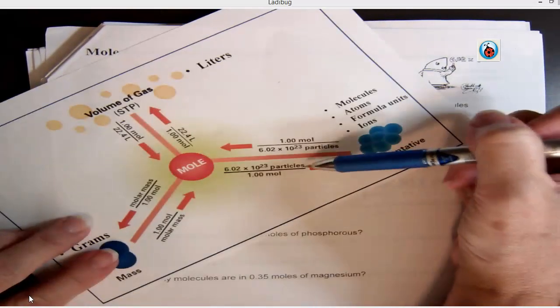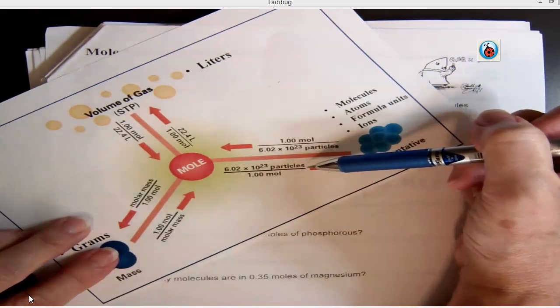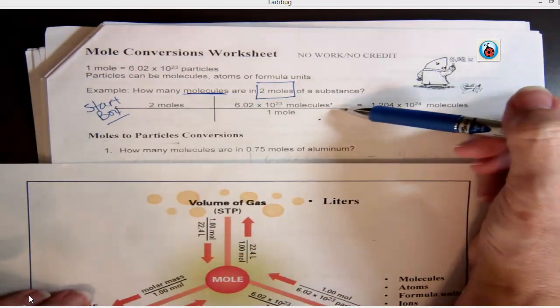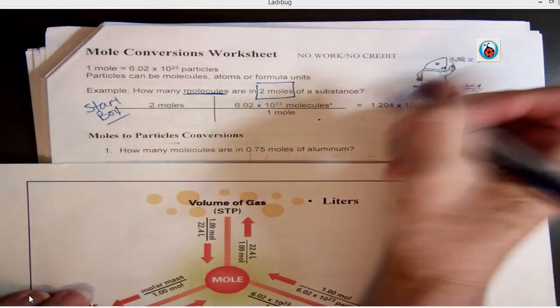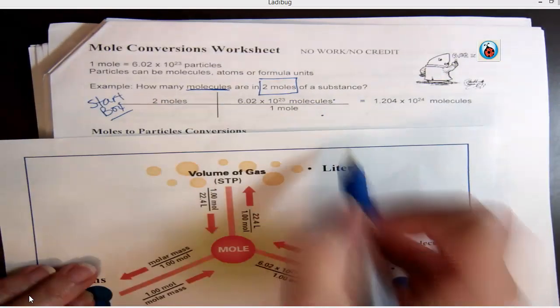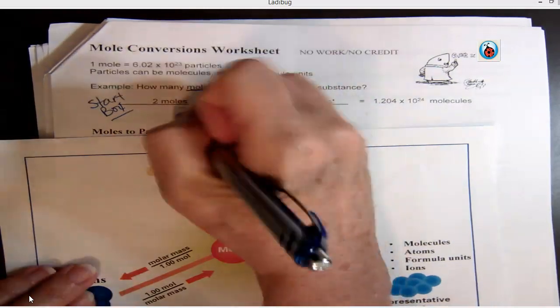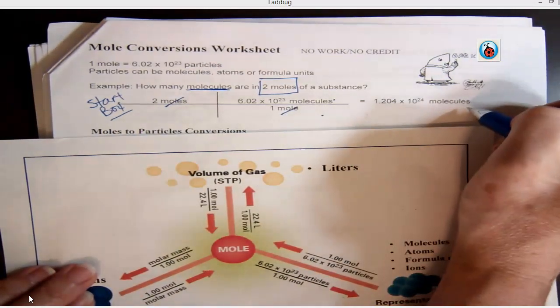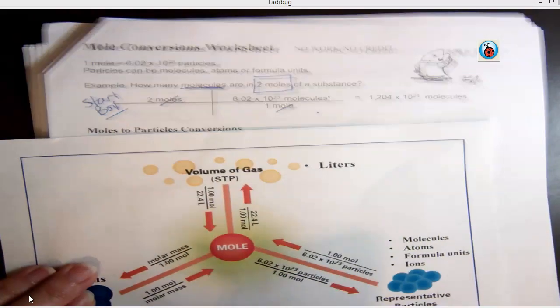How many particles? It tells me right there, 6.02 times 10 to the 23rd particles over 1 mole, which is exactly what we have. But the particles we're working with here are molecules. All right, we set up our train tracks. What happens? These units, not numbers, units cancel out, and I'm left with molecules, and then all I have to do is calculate.